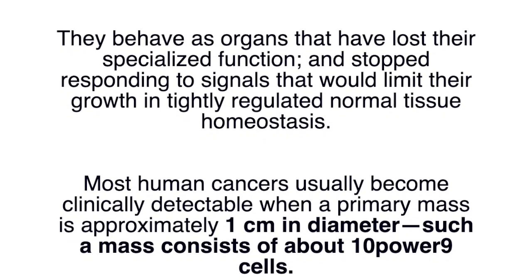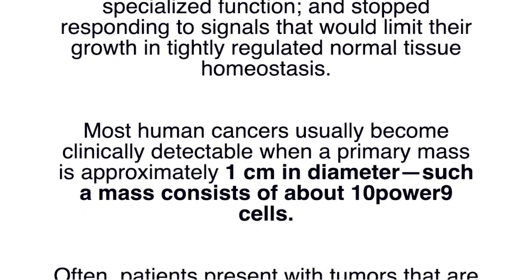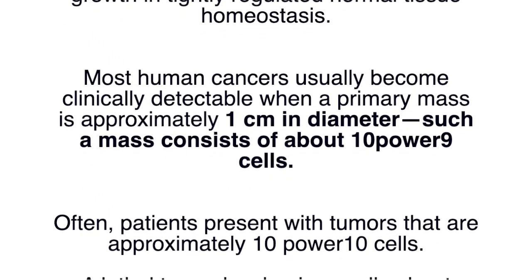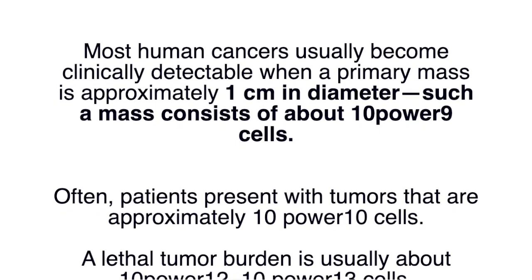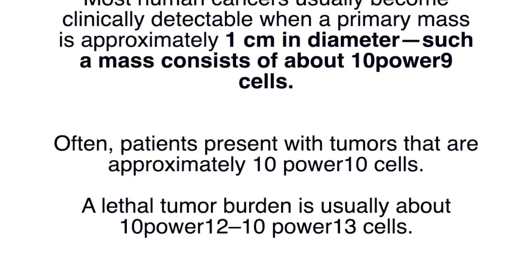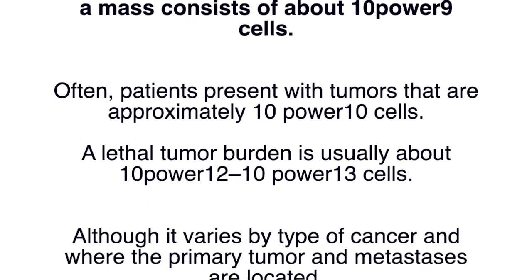Most human cancers usually become clinically detectable when a primary mass is approximately 1 centimeter in diameter. Such a mass consists of about 10^9 cells. Often, patients present with tumors that are approximately 10^10 cells.